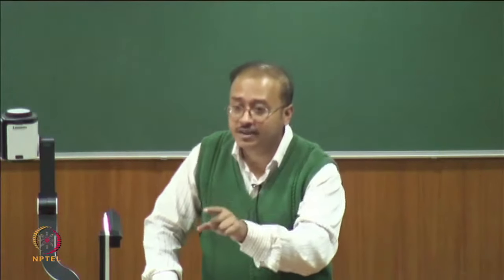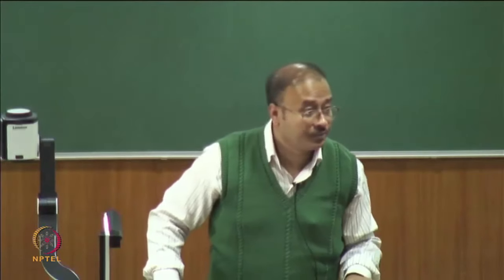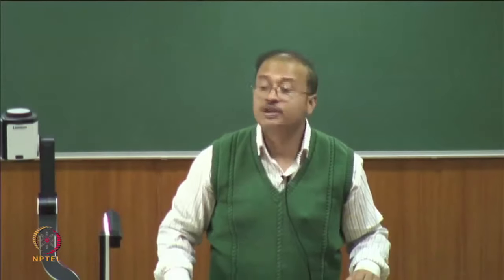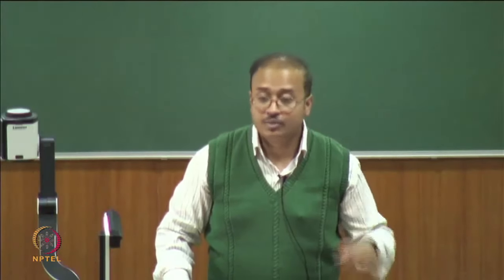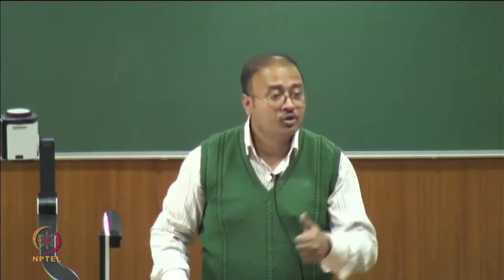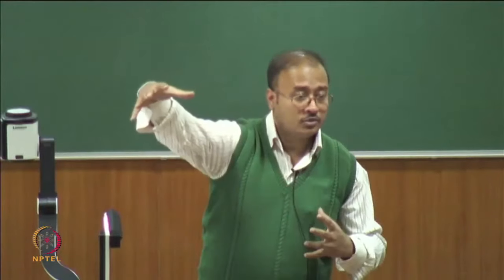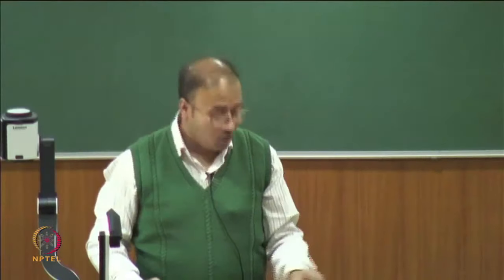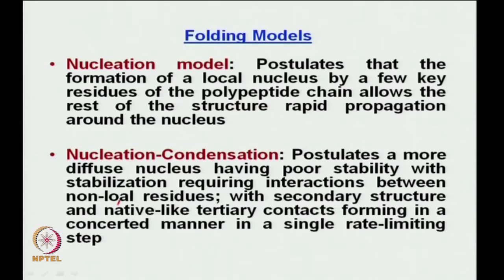That small helical segment might not be very stable by itself, because it does not form the full-blown interactions. So, because its stability is poor, it will look for support from other places. Those are your interactions between non-local residues that will stabilize it, and finally the whole thing will fall into the nucleus and you will get the native state, right.